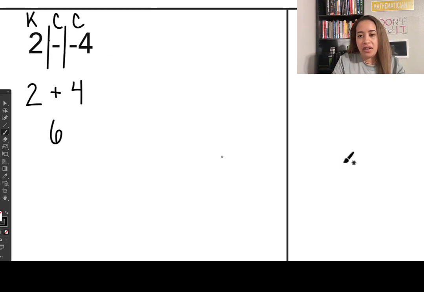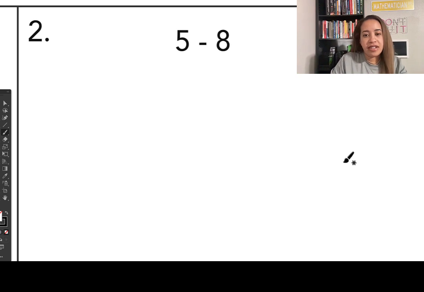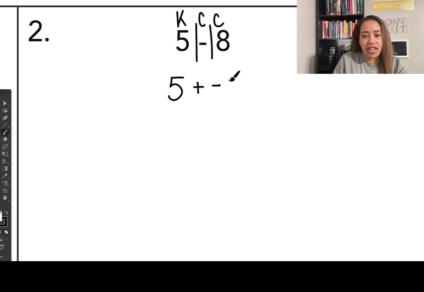Let's try out number 2. Every single time that you see subtraction, think of the phrase keep, change, change. So we keep the 5, change from a minus to a plus, and change from a positive 8 to a negative 8. This time, as I look at my addition problem, I see different signs.